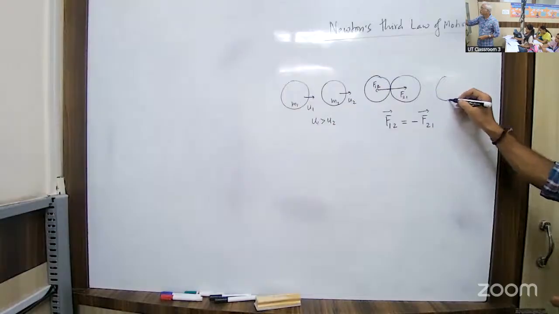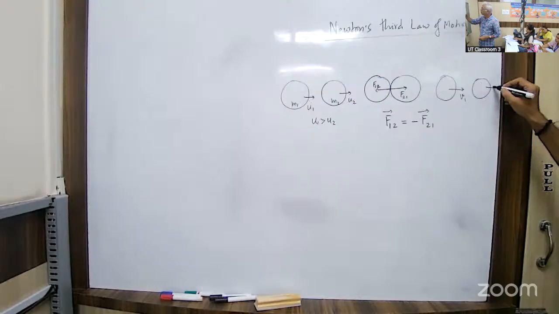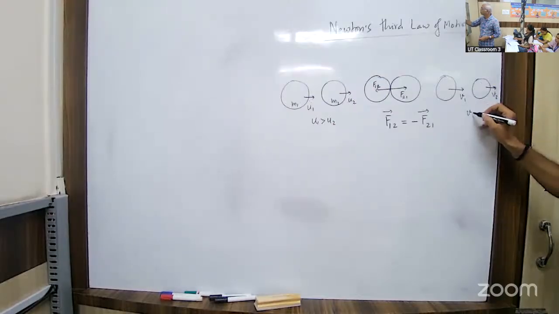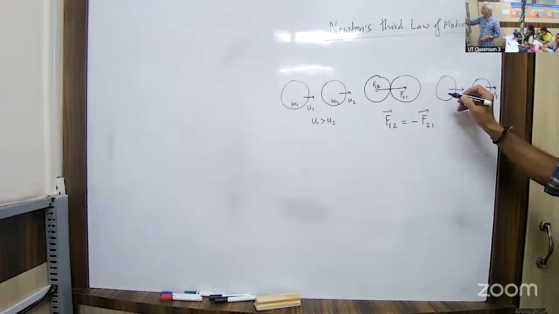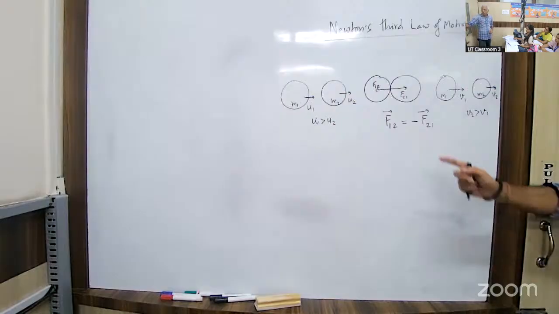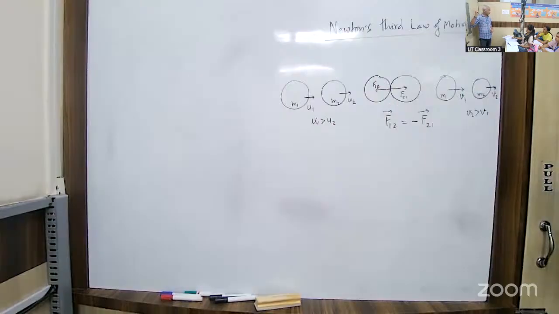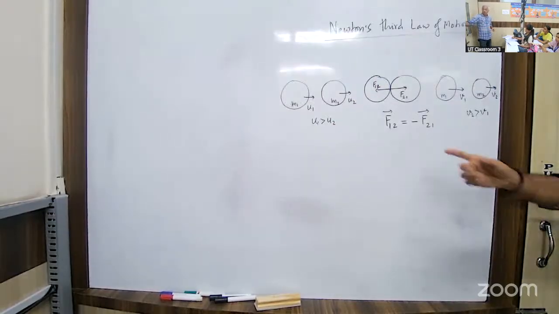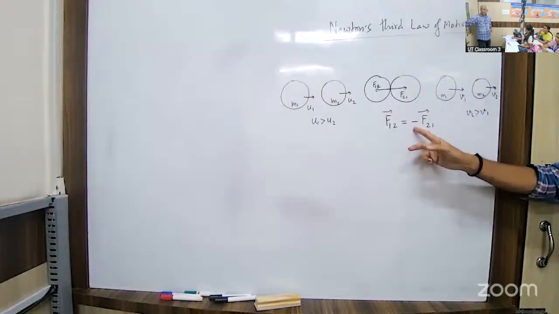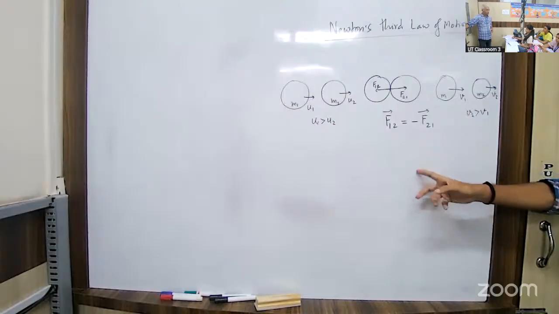But now this will be v1 and this will be v2, with v2 greater than v1. Because this experiences retardation, whereas this experiences acceleration. So the impact is different. One slows down, the other moves fast. And same force is exchanged. Minus sign because they are in opposite directions. Okay, understood? This is what it is.